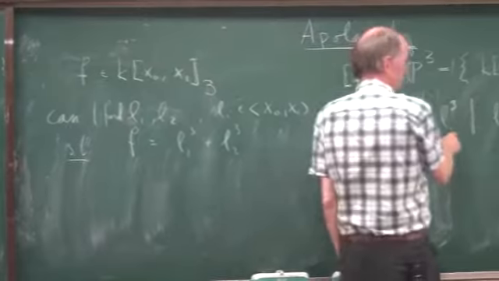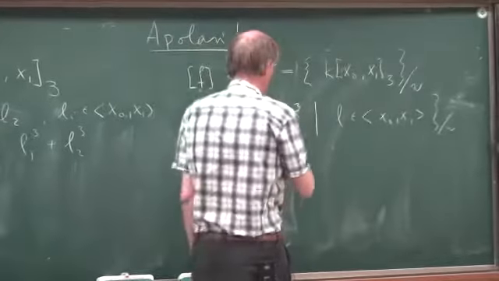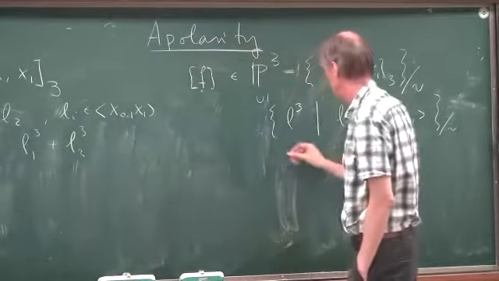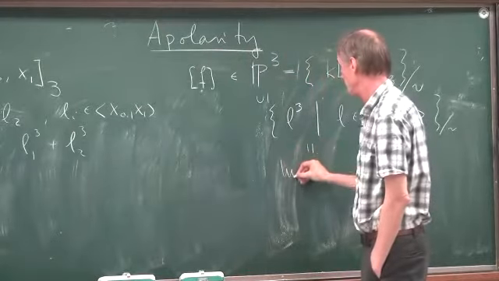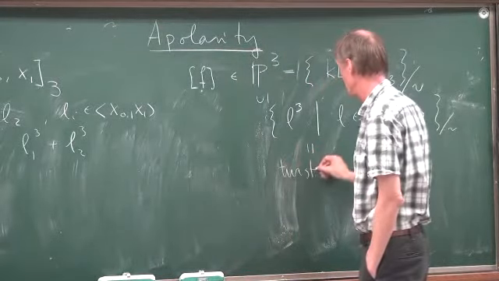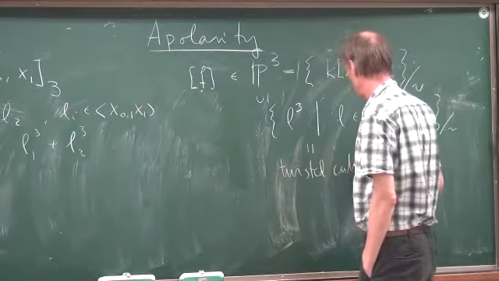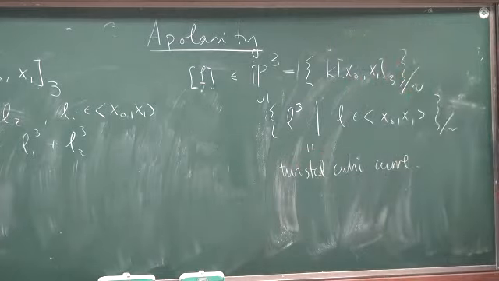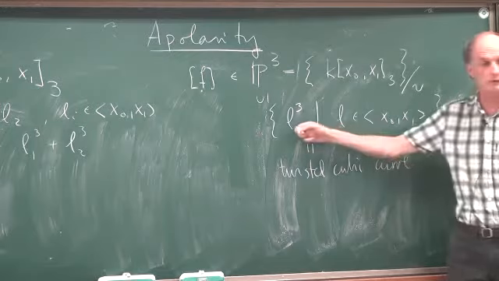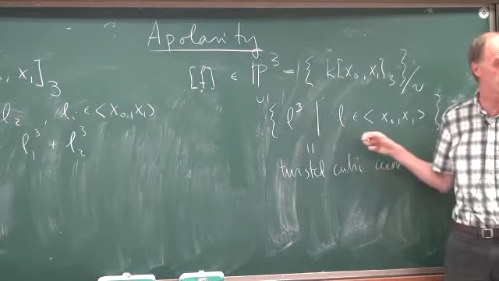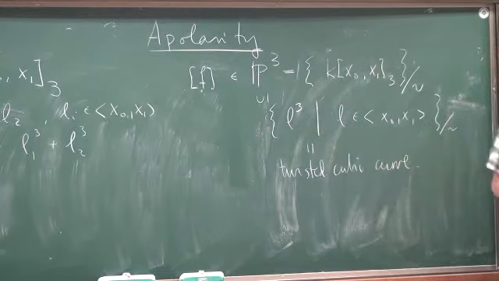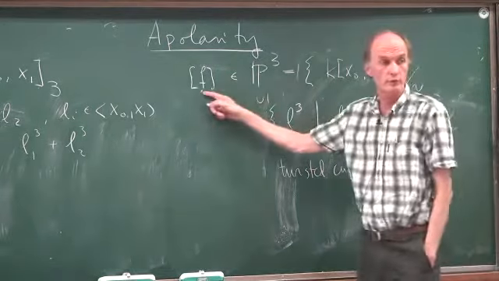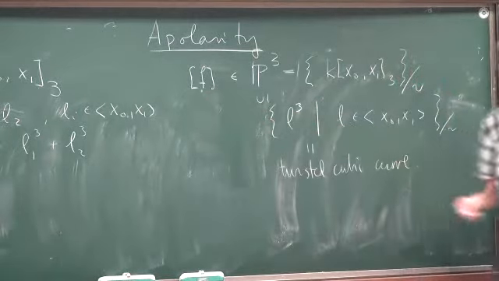And this thing here is nothing but a twisted cubic curve. It's just taking L to L cubed. That's just a triple embedding.